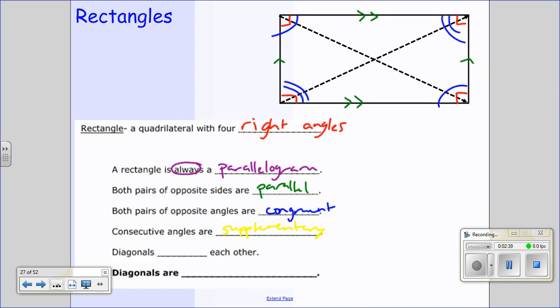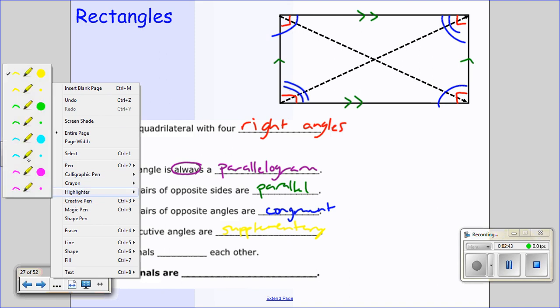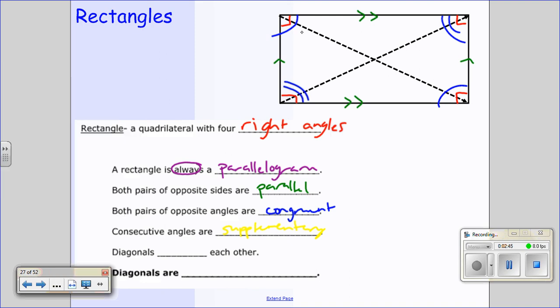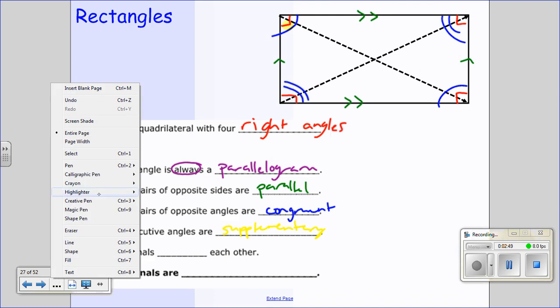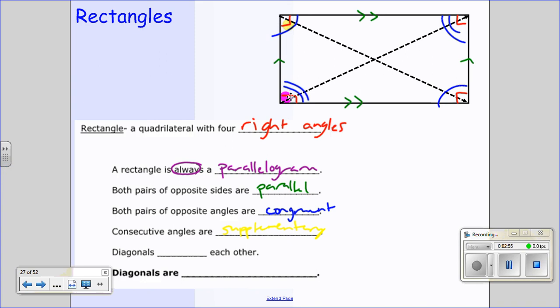So again, the supplementary angles are going to be top left and bottom left. And top left and top right are supplementary.